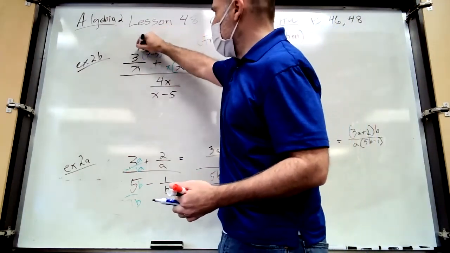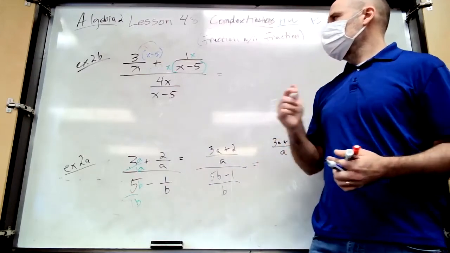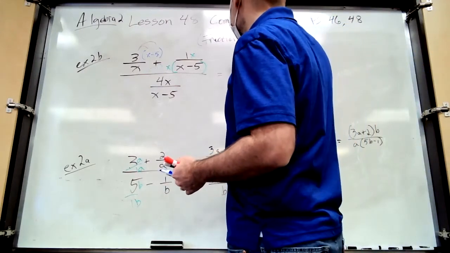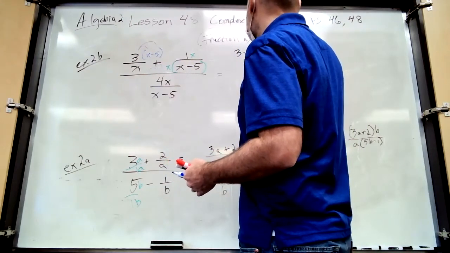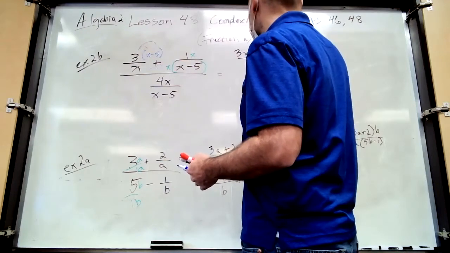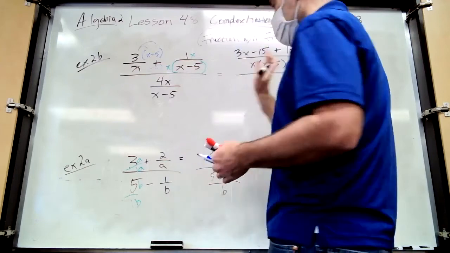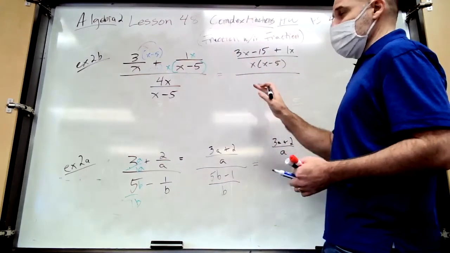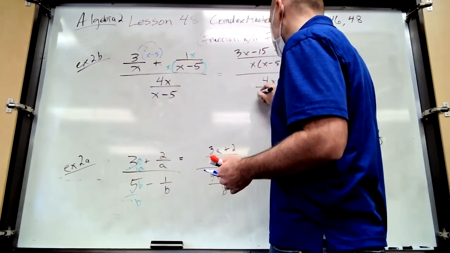It does look gross, but we'll work it out. So now we can probably do this in our head. It'd be 3x and minus 15, plus 1x, all over x times x minus 5. Wouldn't that be x squared minus 5? Don't do that yet, because when you multiply, you're going to be able to cancel those x minus 5s.